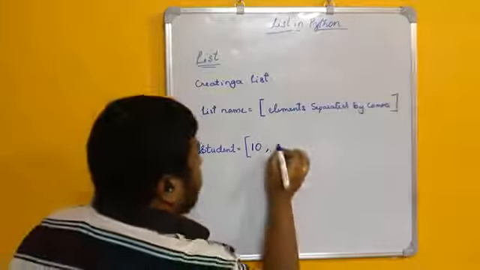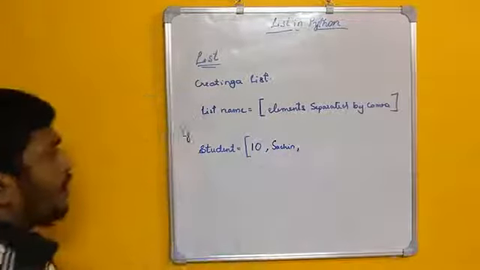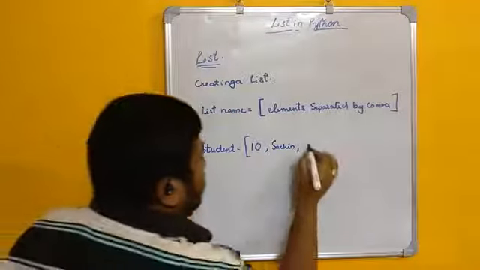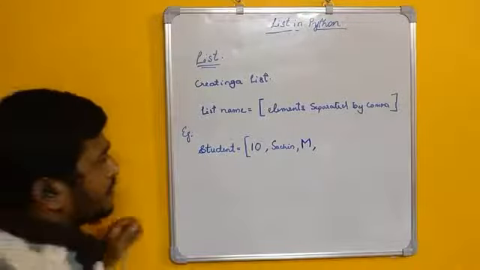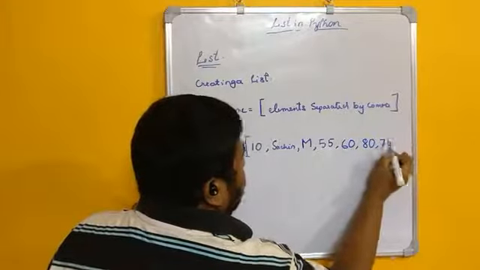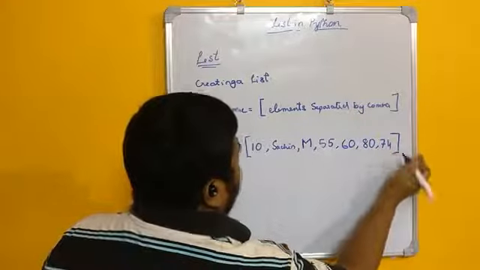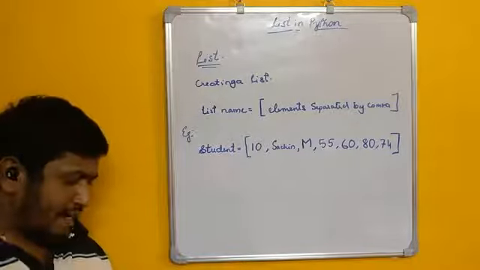Next is name. Name is Sachin. Next separated by comma. Again gender is male, M, comma. Marks is 55, comma 60, comma 80, comma 74. And bracket close. Now our list is created.